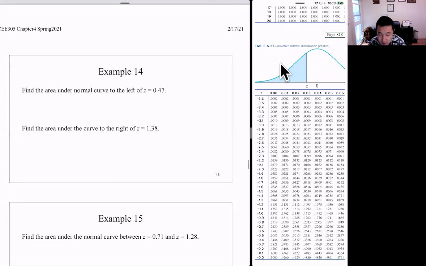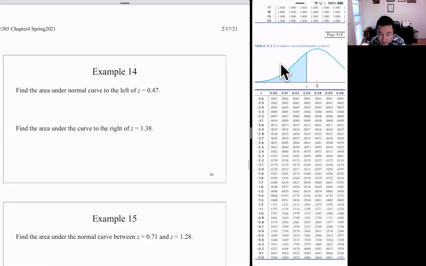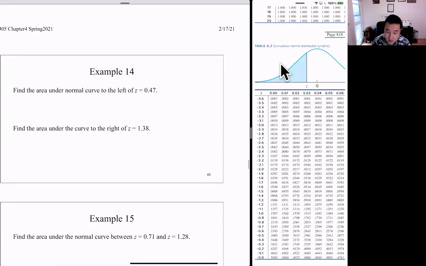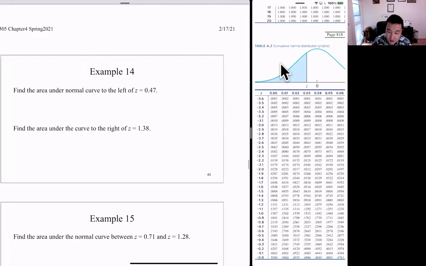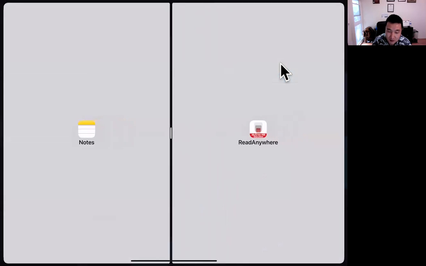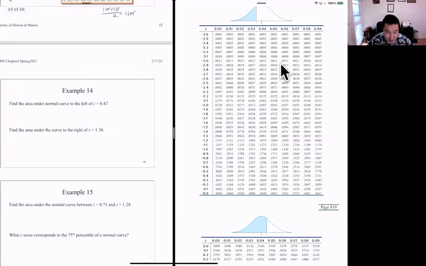Let's look at the z table together. Here is the z table.